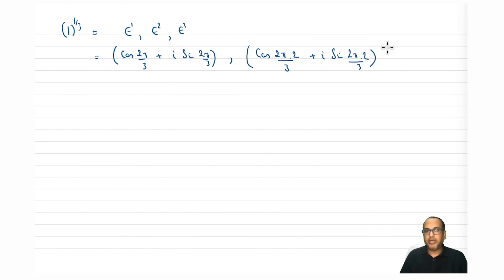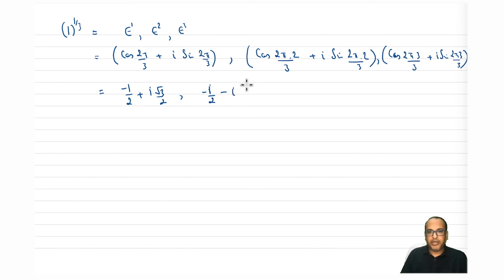And the third root will be cos 2 pi 3 by 3 plus i sine 2 pi 3 by 3. And this is equal to -1/2 + i root 3 by 2, -1/2 - i root 3 by 2, and 1, right?